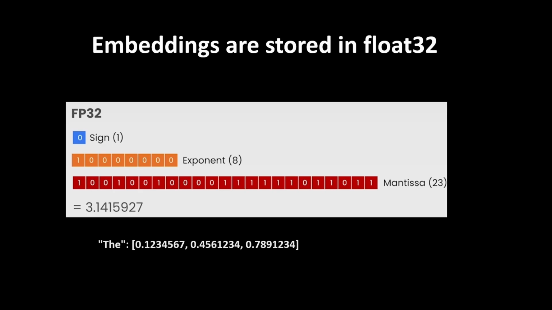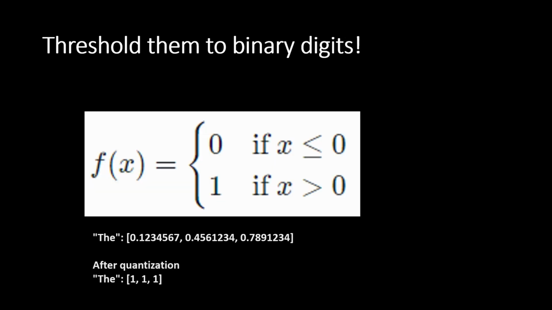So this is how you would represent a float32 version of an embedding, say with a dimension of size 3. Now, what binary quantization proposes is to simply threshold the values to binary digits. All it says is, if your numerical value is greater than 0, threshold it to 1, and if it's less than 0, threshold it to 0.